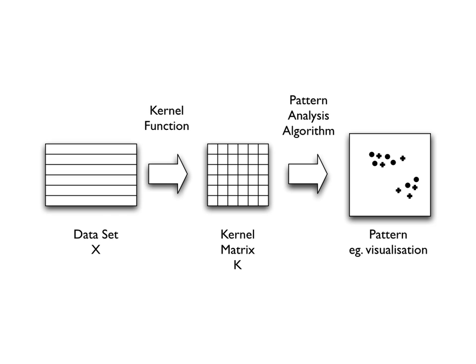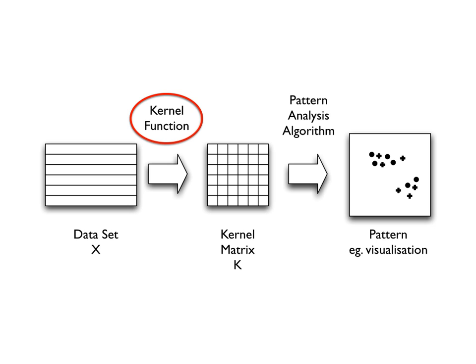Essentially they're linear discriminants, but made to work in a nonlinear way. This is a sort of a schematic of how kernel methods work. And let's look at each bit in turn. So at the start we have our data set X, and we apply some kernel function to produce something called a kernel matrix K. And the kernel matrix is a square matrix. It has the same number of rows and columns as there were original data points in the data set.